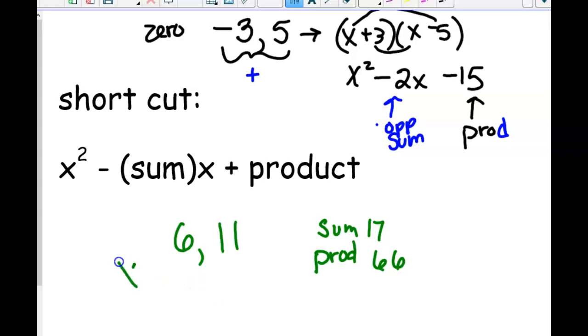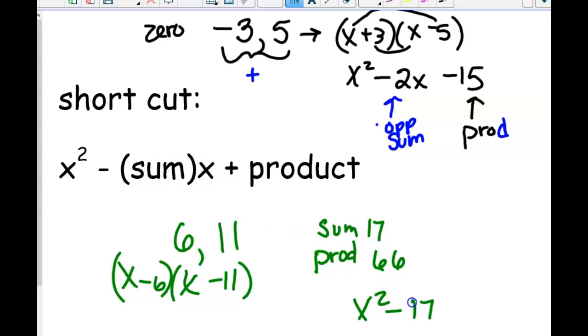So if we write these as factors, x minus 6 and x minus 11, does it become, I'm using the shortcut now, x squared minus the sum with an x plus the product. So is this the same as this?